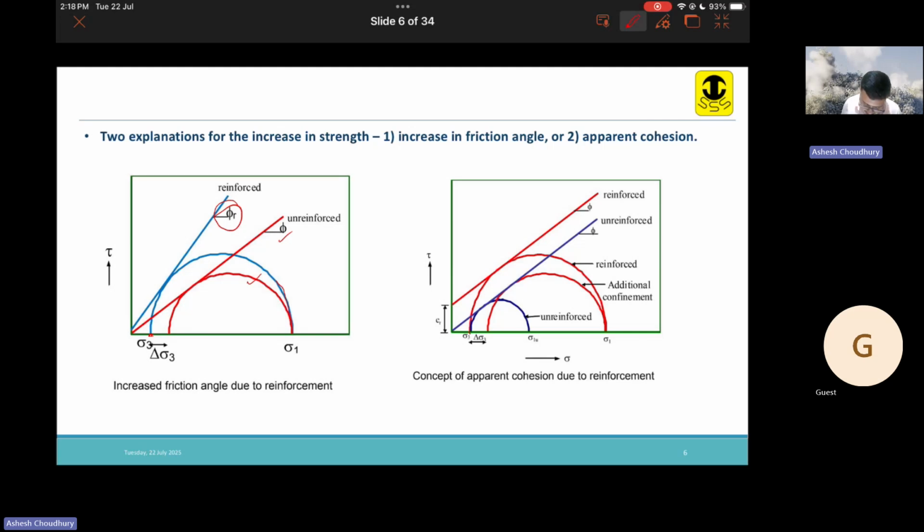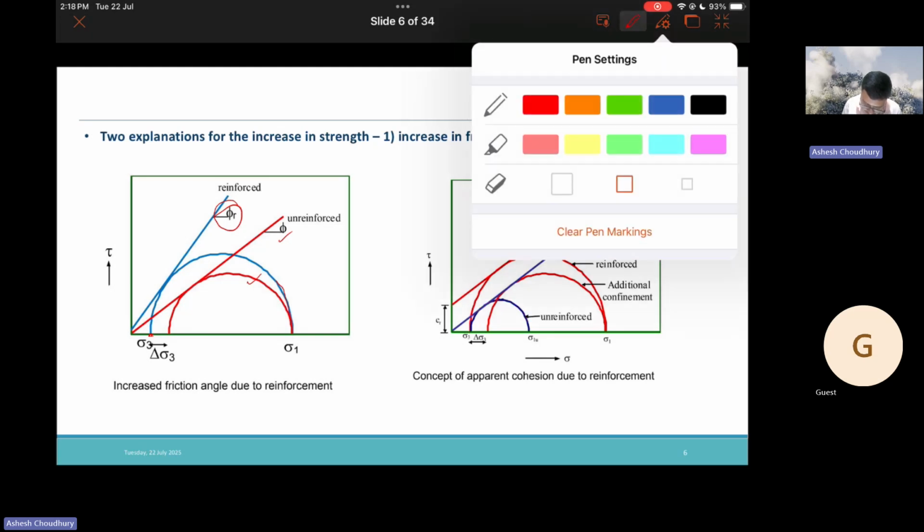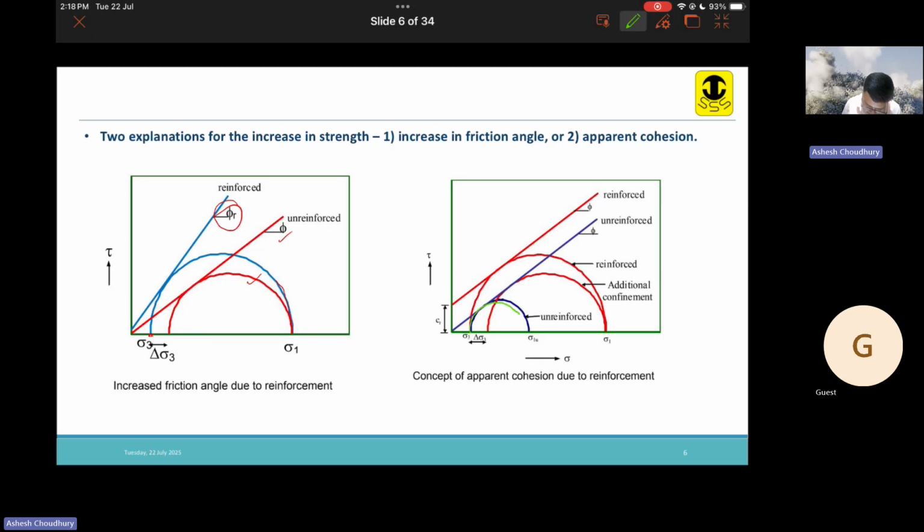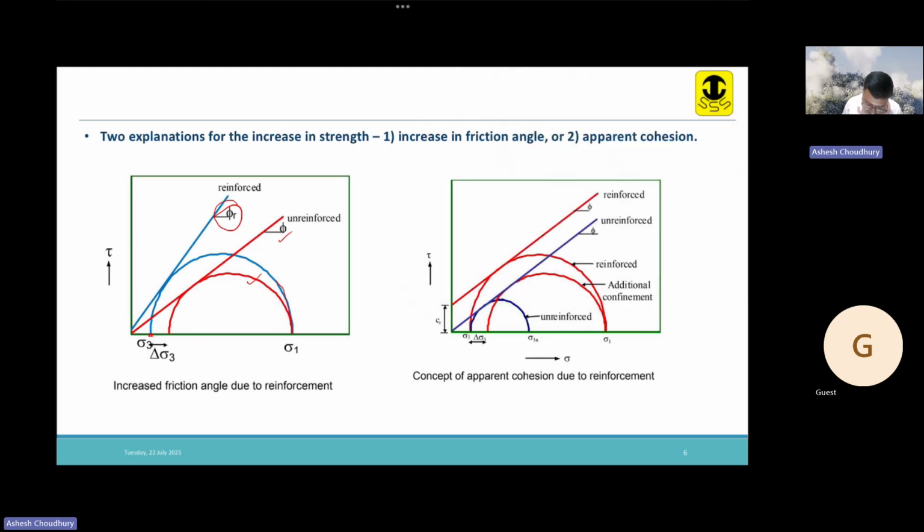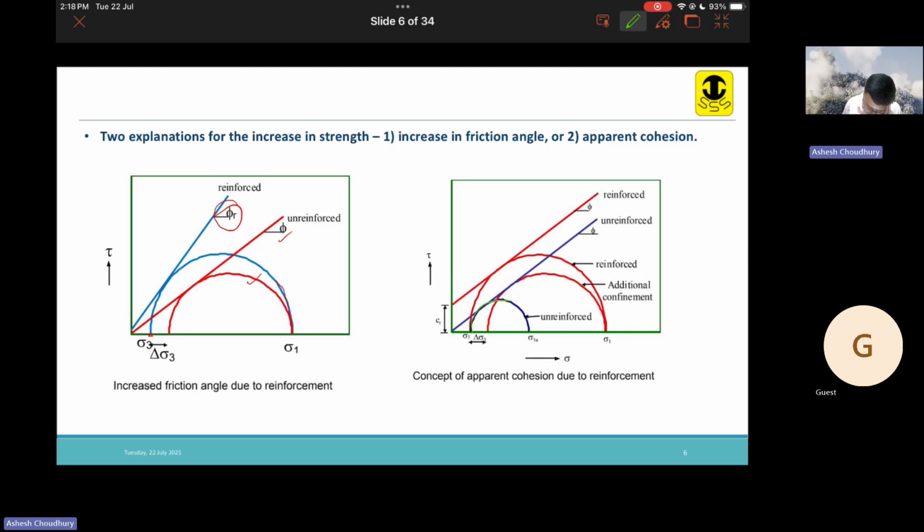This blue circle is for the unreinforced case. We have the same confining pressure, and unreinforced, it was failing at this sigma 1.